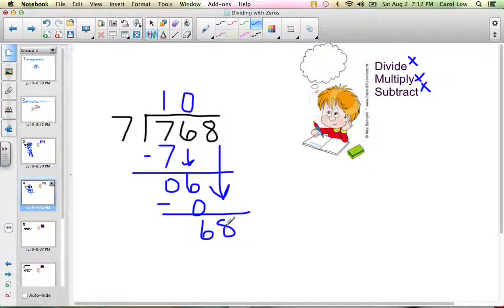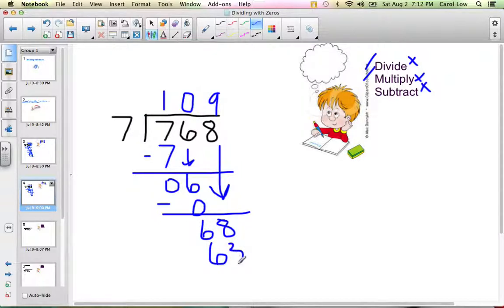I start the process all over again. How many times can 7 go into 68? So I'm dividing. 7 times 9 is 63. So I'm going to do that. 9. And then I multiply. 9 times 7 is 63.